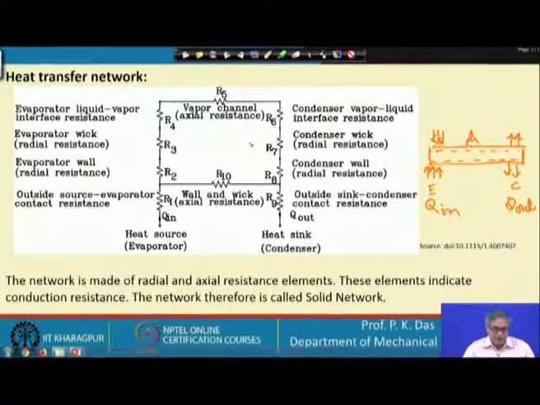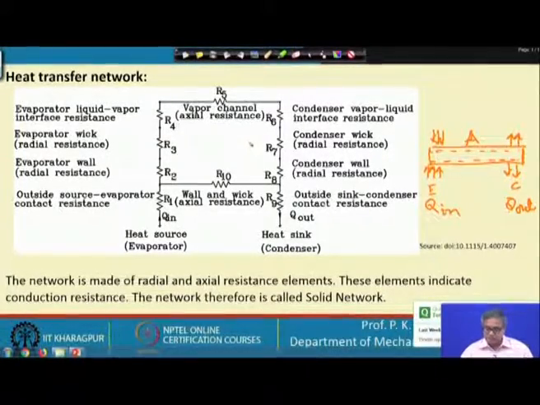The network is made of radial and axial resistance elements. These elements indicate conduction resistances. The network is therefore called a solid network. So, this is what we get for the thermal network.